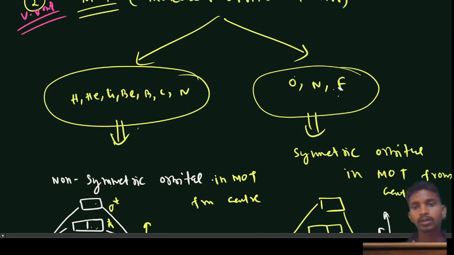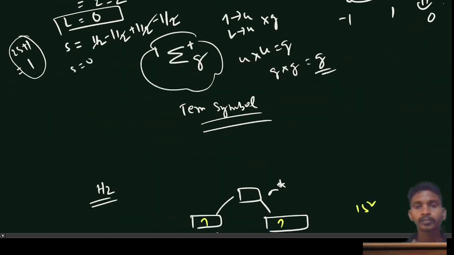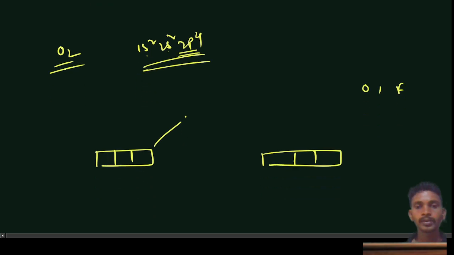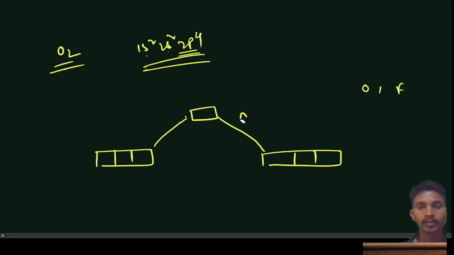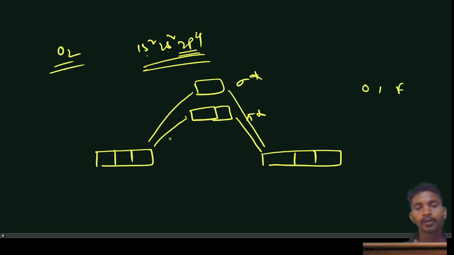This is only for oxygen and fluorine, sorry, only for oxygen and fluorine. Whenever oxygen is there, then this is symmetric. So there will always be pi star, and this is sigma star. So from here it will be symmetric.